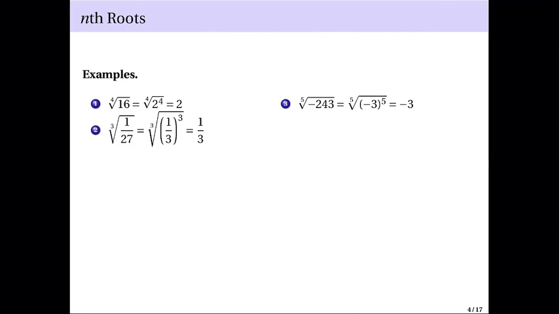That's for the odd index. And of course, for even index, we only have positive numbers there. So this is the principal fifth root of negative 243.